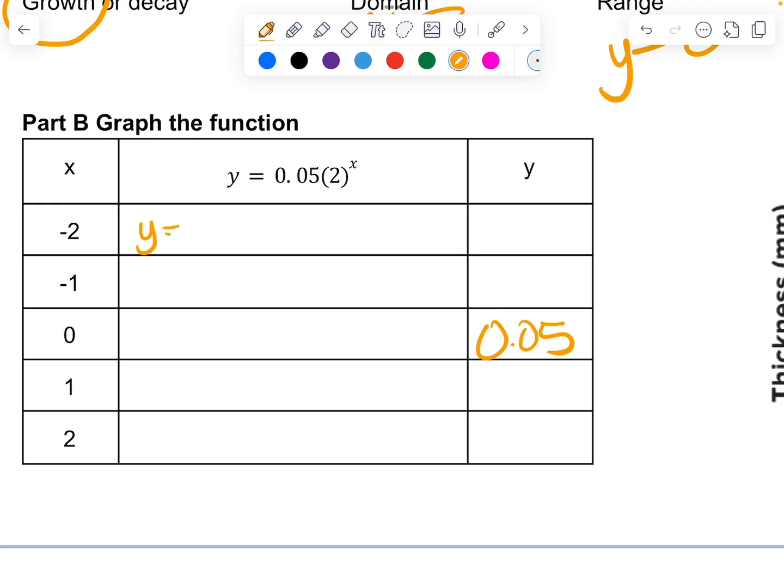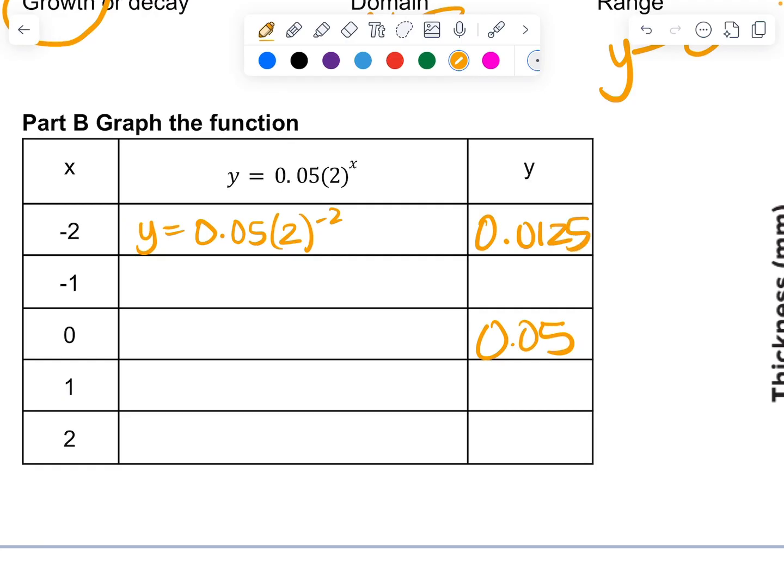So y equals 0.05 times 2 to the negative 2. Now, all you have to do, if you have the TI calculator, is put it straight into your calculator as 0.05 times 2, and there should be a caret button, and put in negative 2. And when you do that, you should get 0.0125.